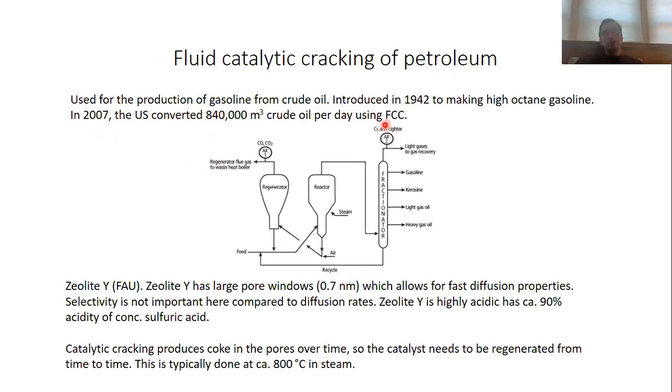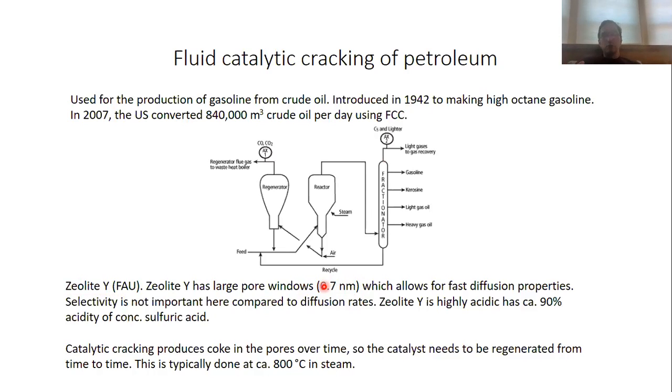And these crackers now use large pore zeolites, in particular zeolite Y. That one has very large pore windows, so it can accommodate a large variety of hydrocarbons that are in the crude oil. So in this case, selectivity is not wanted.